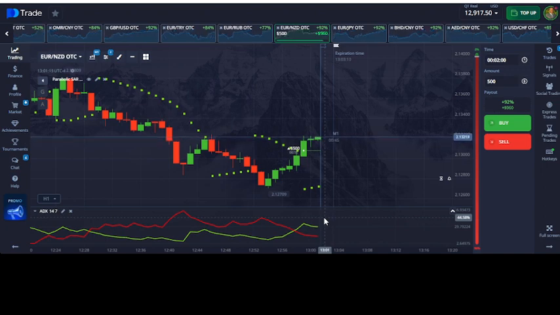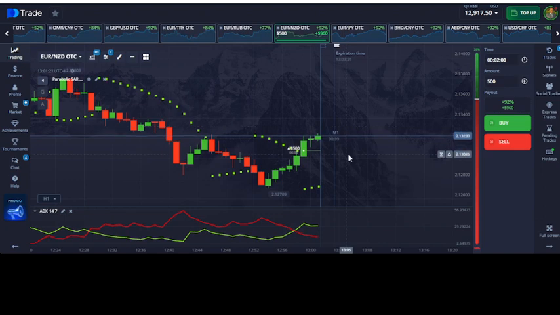We have a few seconds left in the trade. As predicted, there's still a bullish momentum here.